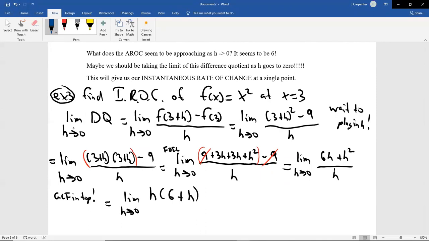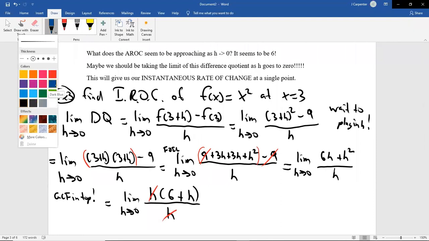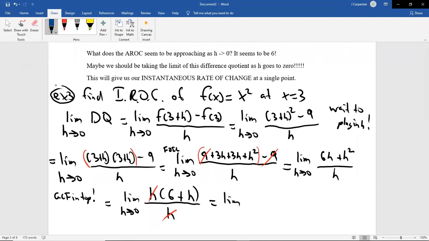Now it's only got 1 of them when you take 1 away. And the bottom, you've got an h. Well, with an h in the top factored and an h in the bottom factored, they cancel. So this is now the limit as h goes to 0 of just 6 plus h.